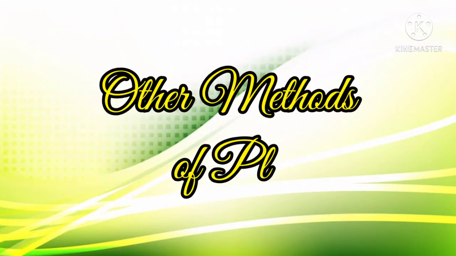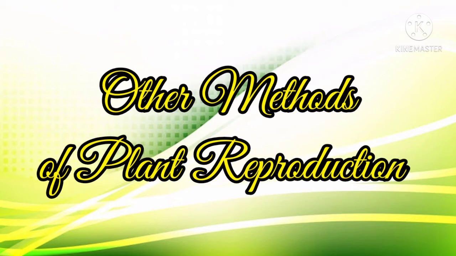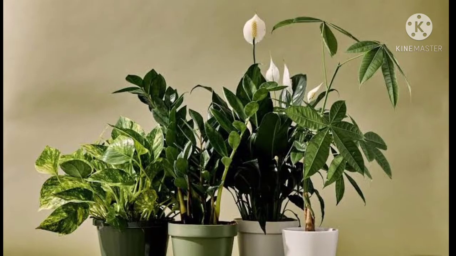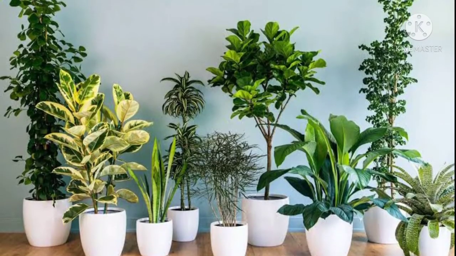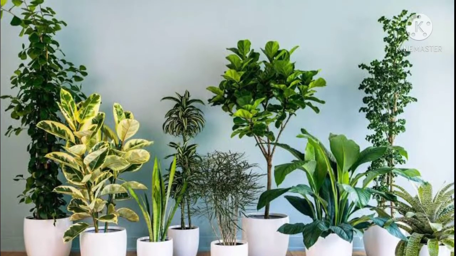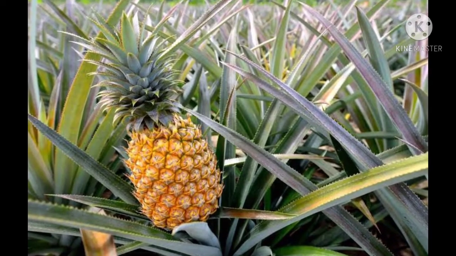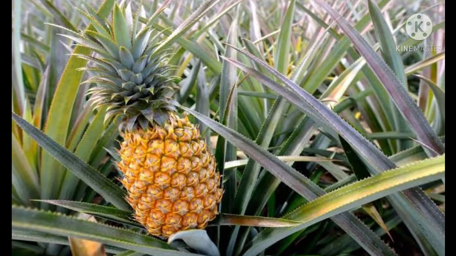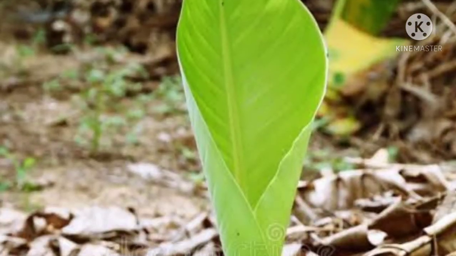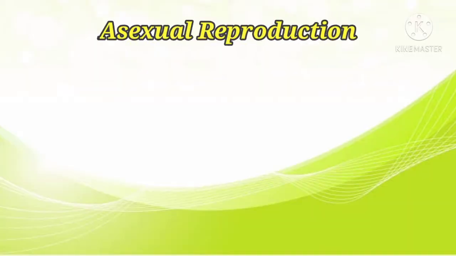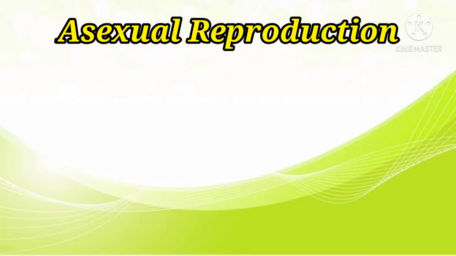Now let's tackle the other methods of plant reproduction. In the previous topic, we have learned that plants have parts that are very important to facilitate plant reproduction. However, there are plants that have no male and female gametes involved. These plants undergo what is called asexual reproduction.